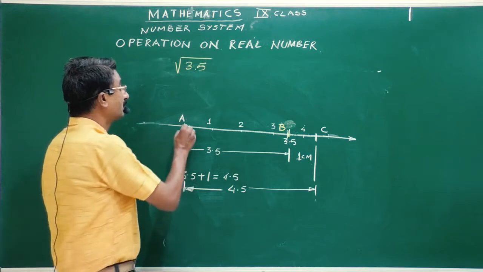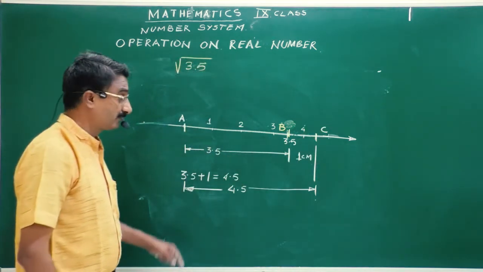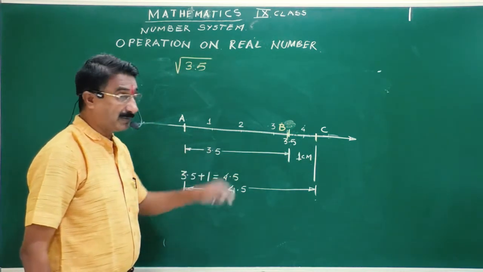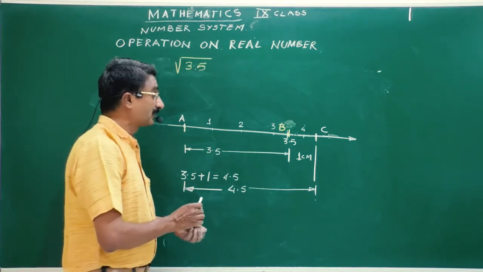Now, bisect AC. We have to bisect the distance AC. How we can bisect? Do you know?